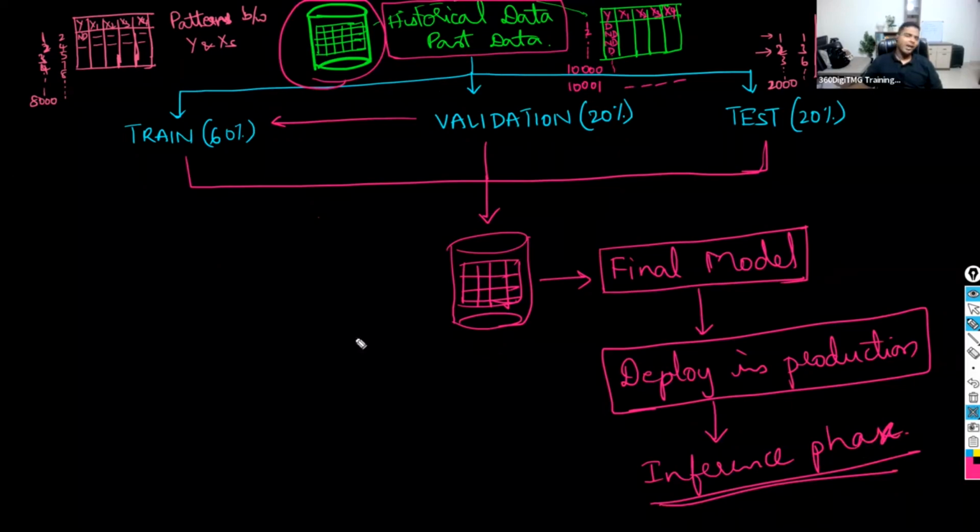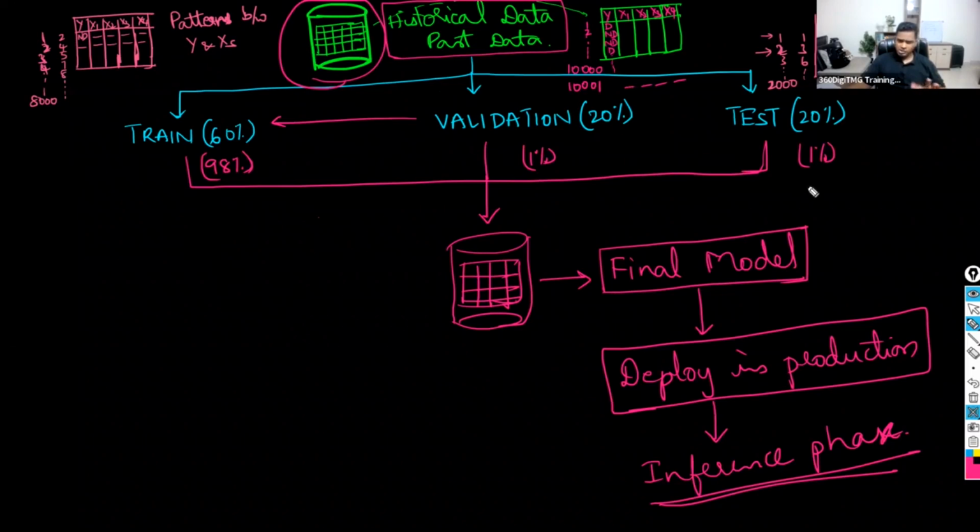Okay. One other thing is, if you have millions and billions of rows to deal with in your data set, then usually people take 98% into train, 1% into validation, and another 1% into the test data set. This is called a thumb rule.